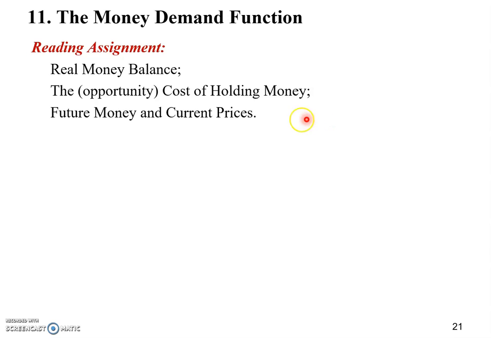Okay, and he also talked about the future money and the current prices, to finally derive the money demand function. Because this part of the discussion is quite straightforward, I'm going to leave these for you guys as a reading assignment.